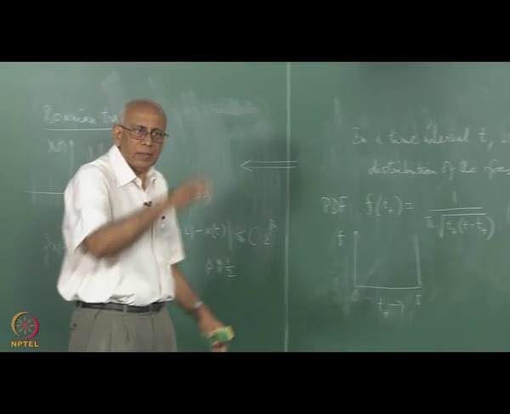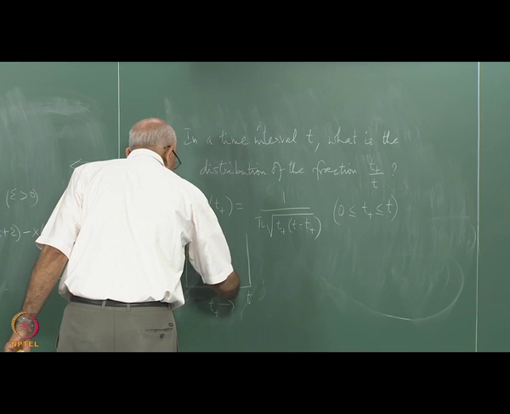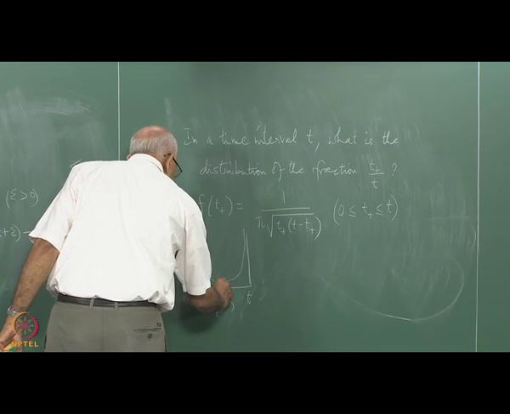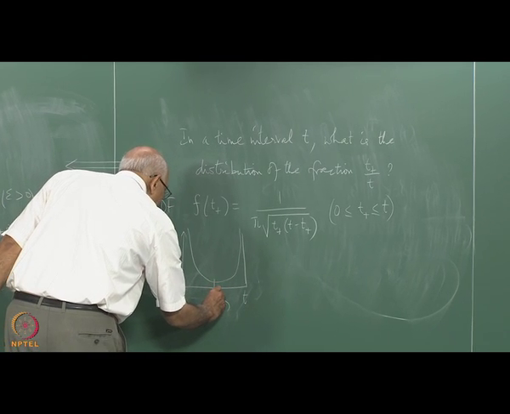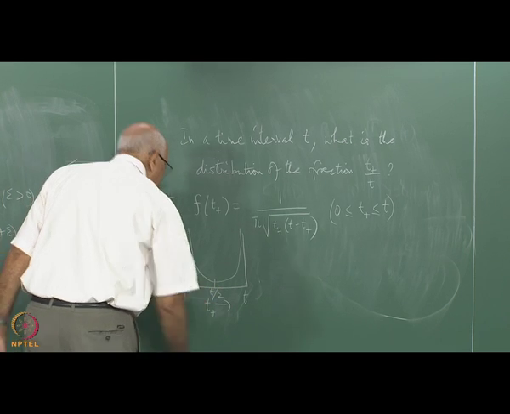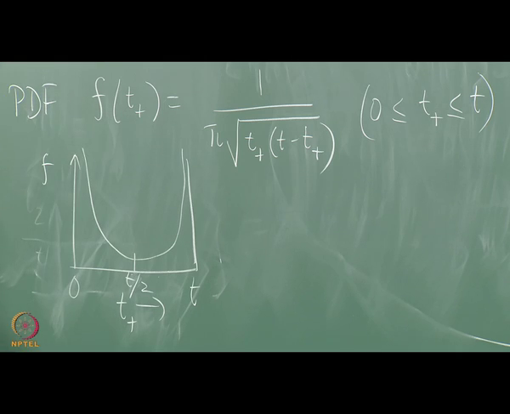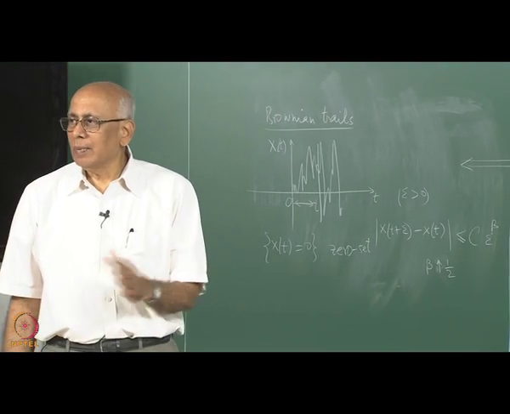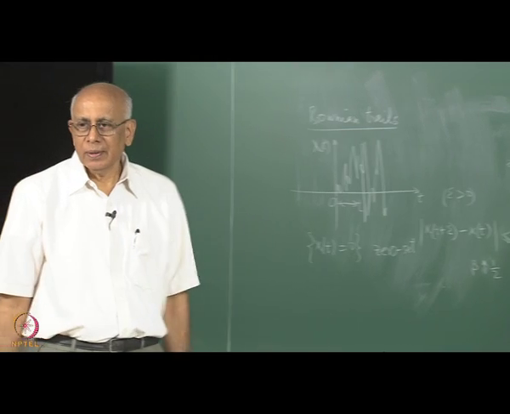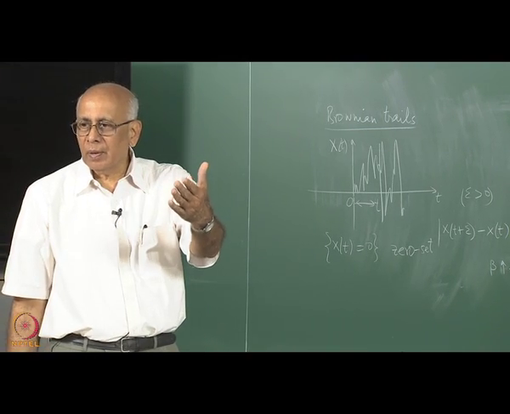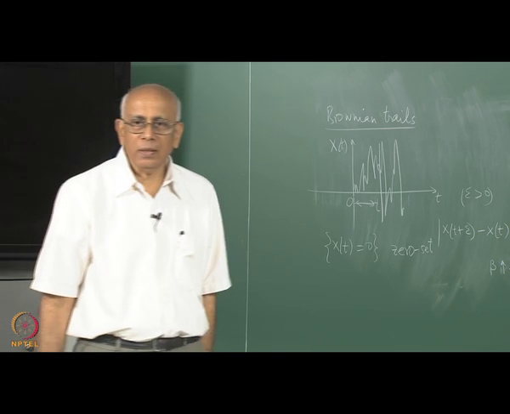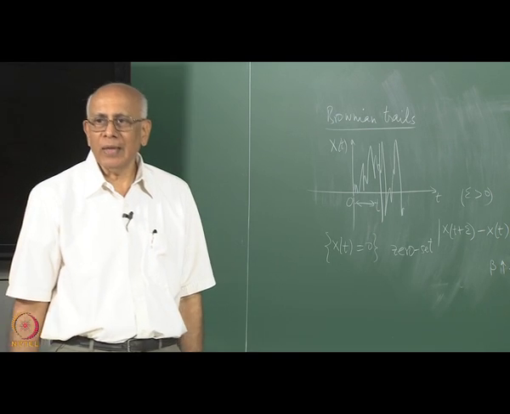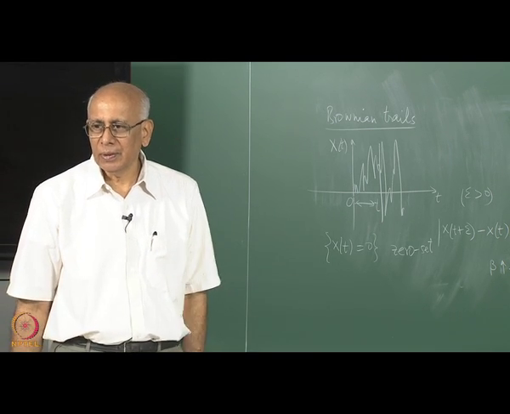Yeah, it looks like an inverted U of some kind with some mean value at half, T over 2. But that is the least probable value. You would normally expect that in a given time interval t, the probability density function of the fraction of the time it spends on either the positive side or on the negative side of the x-axis is the most probable value you would think is a half, but it is the least probable value.